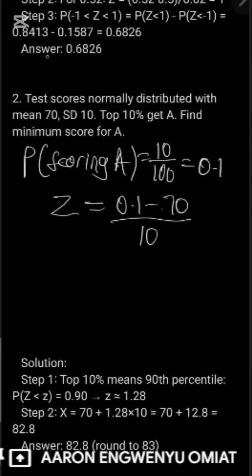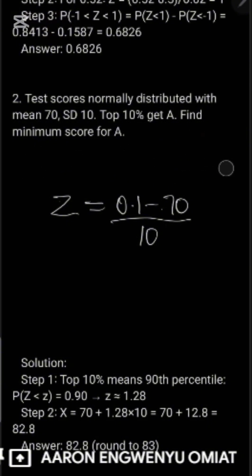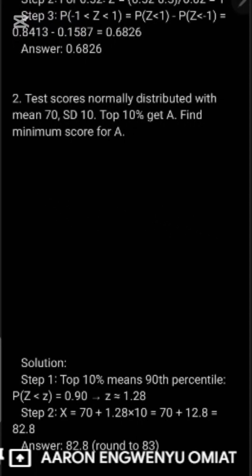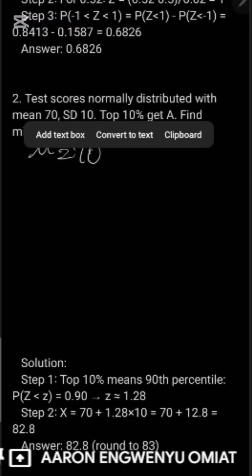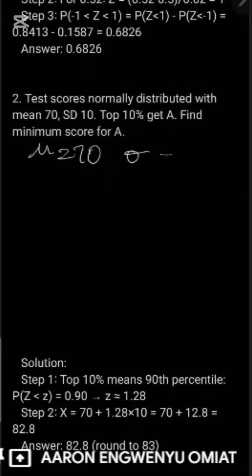Let's start by first defining our steps. You tell us the steps we are going to do. What do we have? We have the probability. We have the mean as 70, nice. The standard deviation as 10, okay?